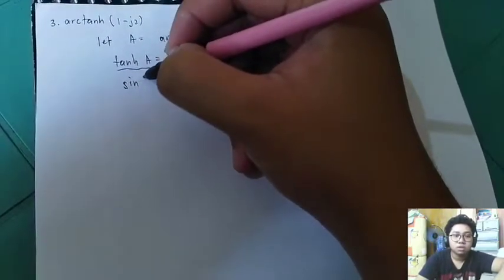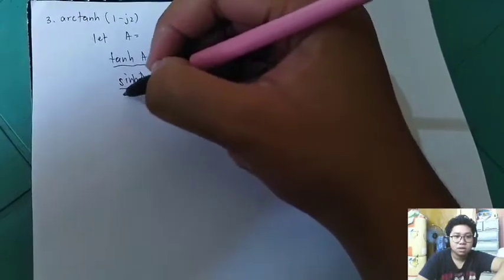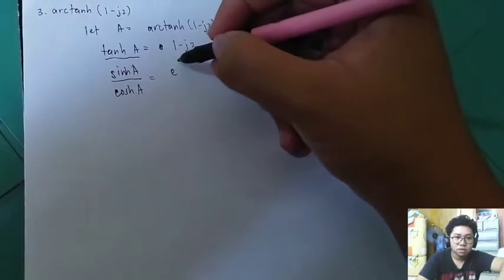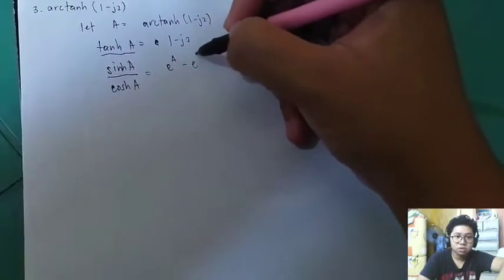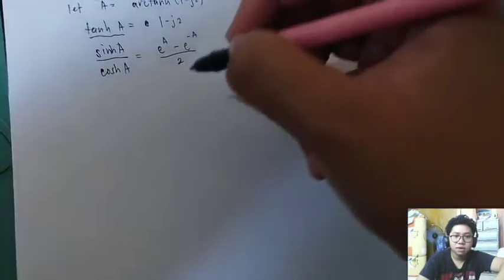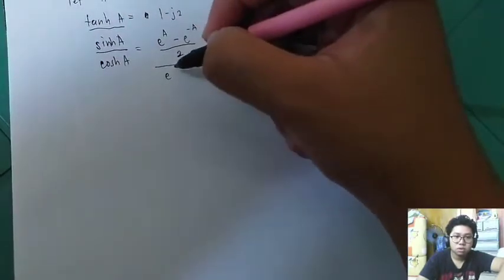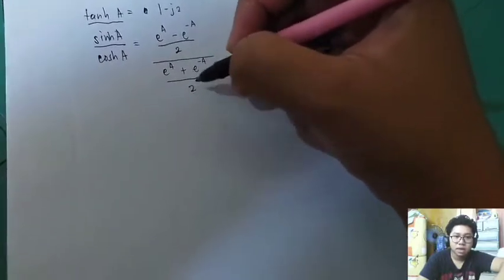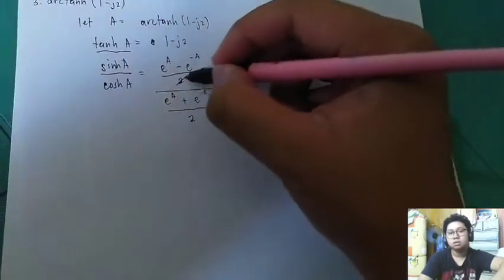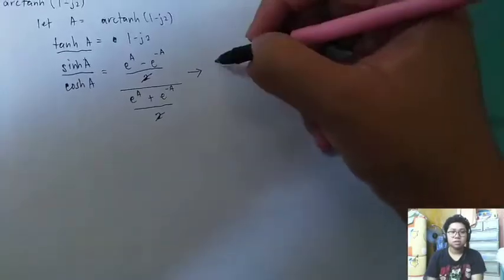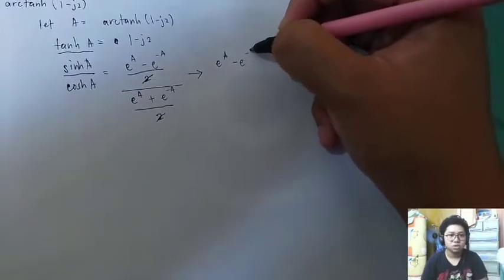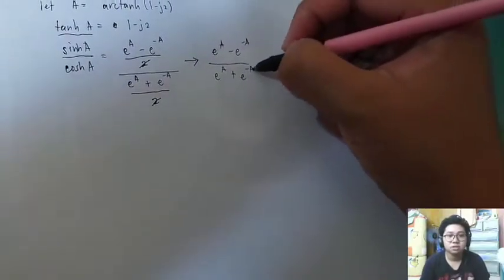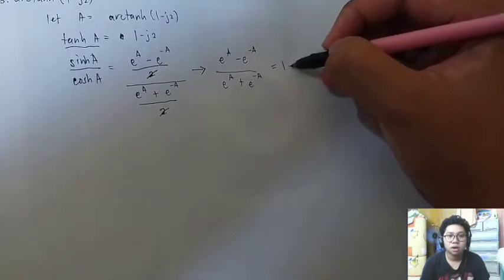And using a trigonometric property, that is sine hyperbolic A over cosine hyperbolic A, which is also equal to e raised to A minus e raised to negative A all over 2 over 2. Then the 2 will cancel each other and the remaining would be e raised to a minus e raised to negative a all over e raised to a plus e raised to negative a equal to 1 minus j2.